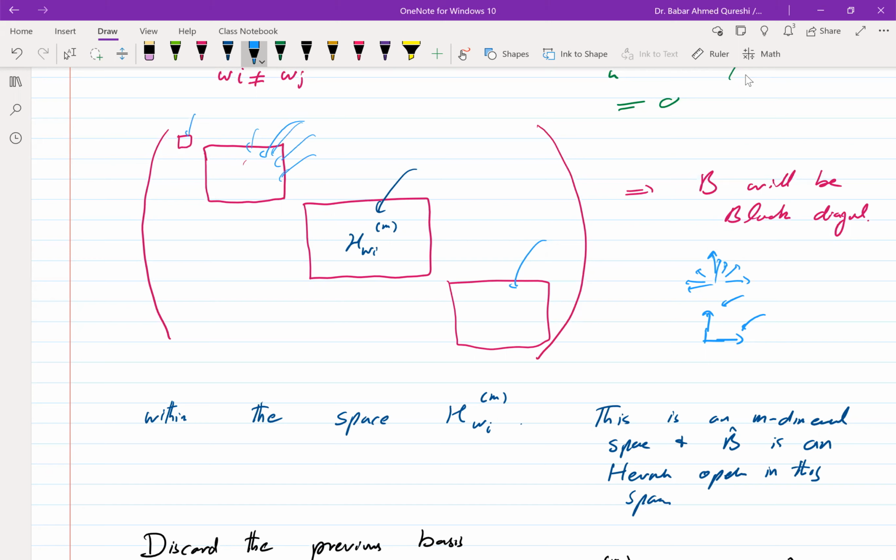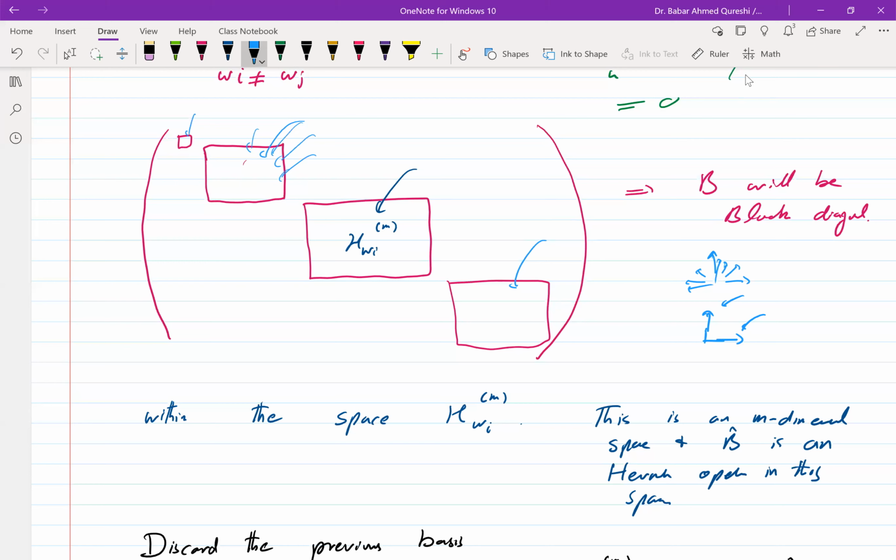This will be used many times. If you have an operator which is degenerate, it will have a subspace with the same eigenvalue, and the subspace has a dimensionality. You want to pick some specific vectors, but you cannot label those vectors in the subspace by an eigenvalue, since all of them have the same eigenvalue.